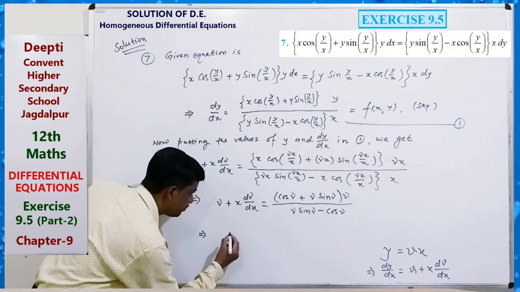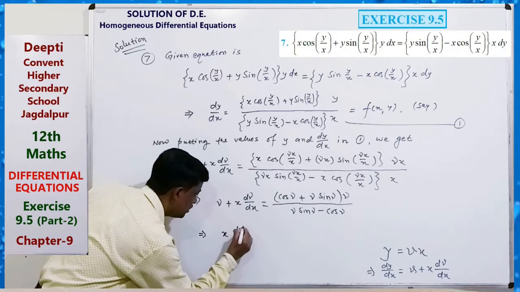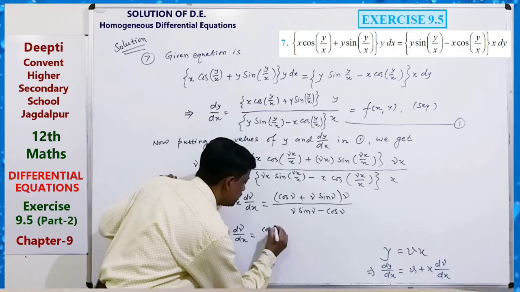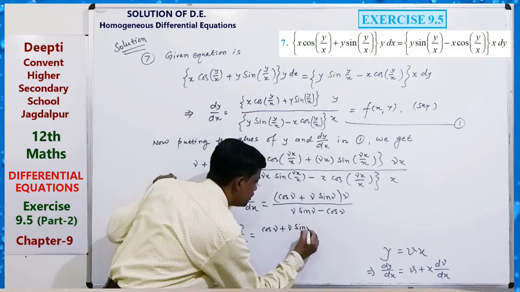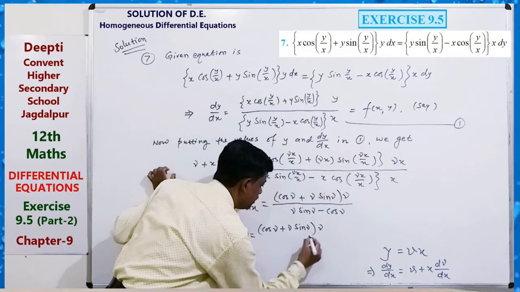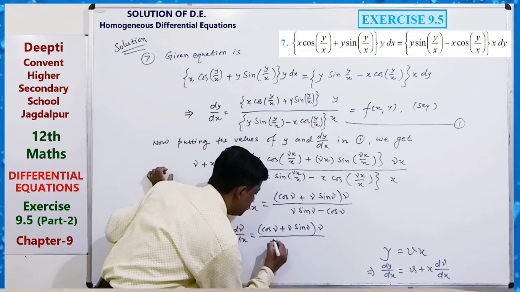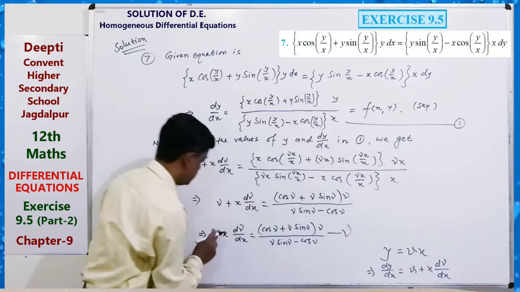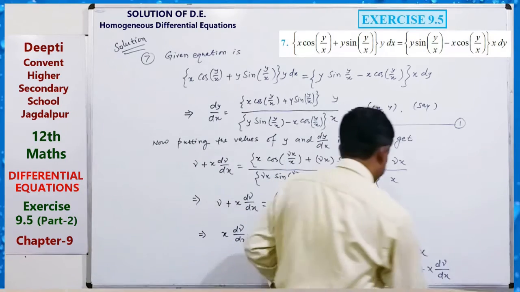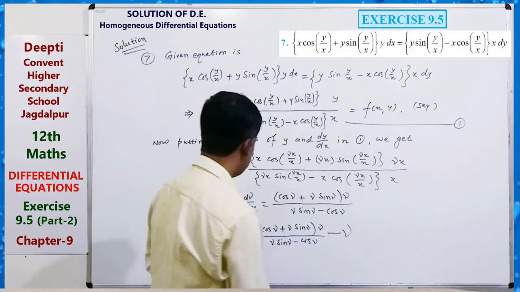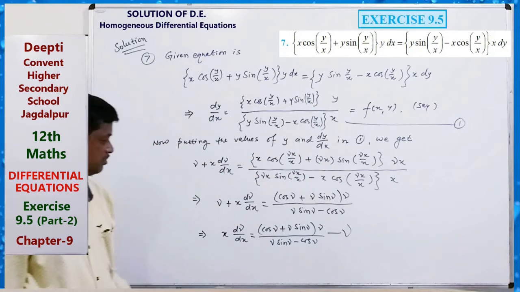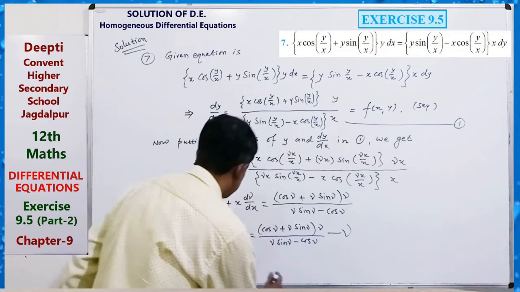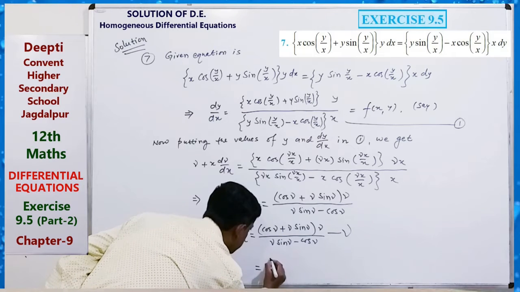So we can write x dv/dx, and transfer v to the right hand side: (cos v plus v sin v) upon (v sin v minus cos v) minus v. Now we can see that this is a variable separable form differential equation in v and x. So here by taking the LCM we can solve it.